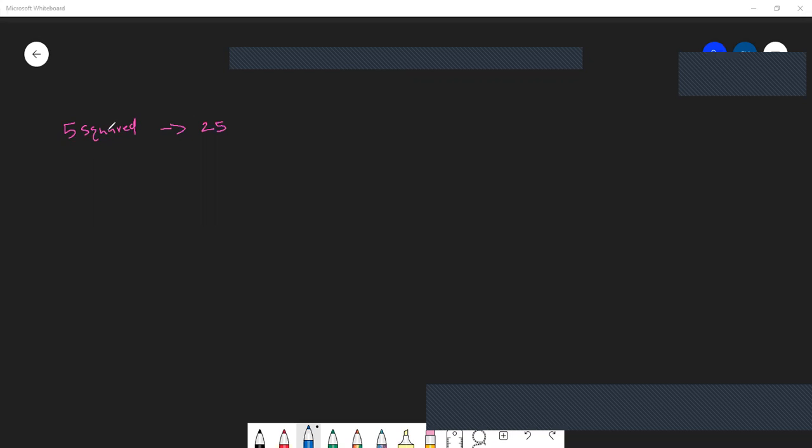You know that 5 squared is 5 to the power 2, and 5 to the power 2 is 25. So without any doubt, from this verbal statement itself, you can write 25 there. Sometimes this may be part of a word problem.